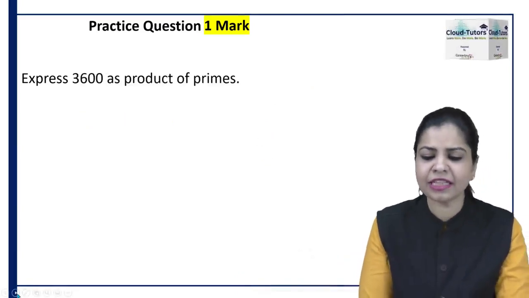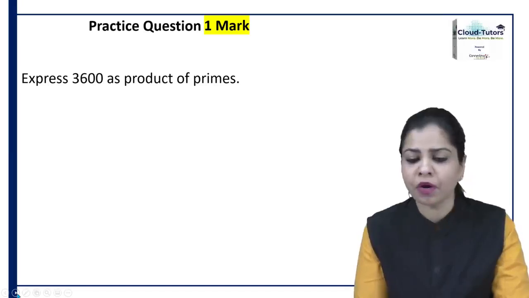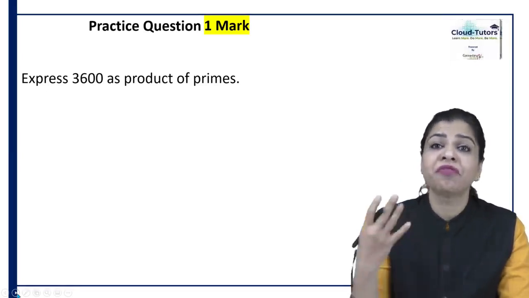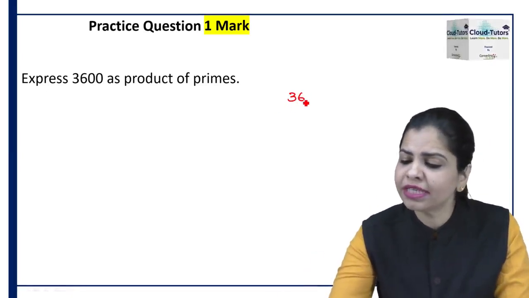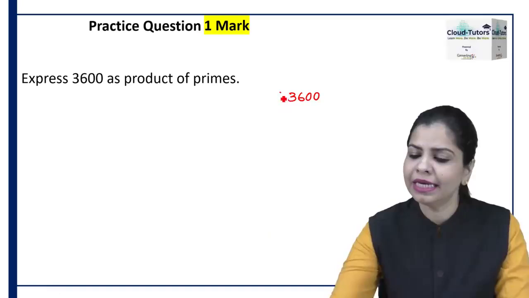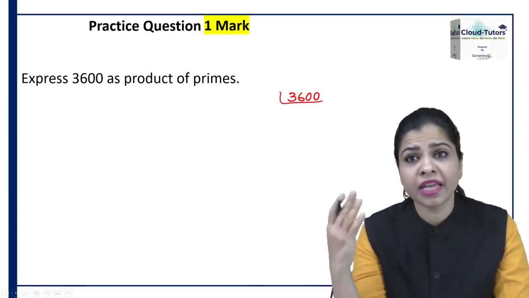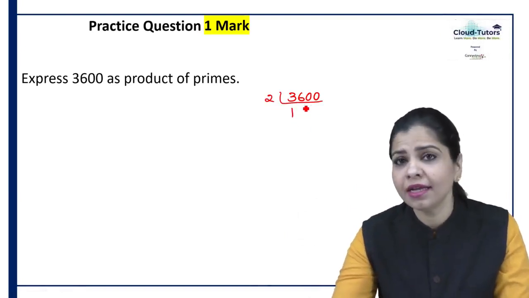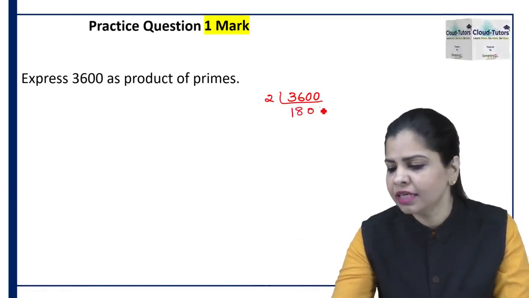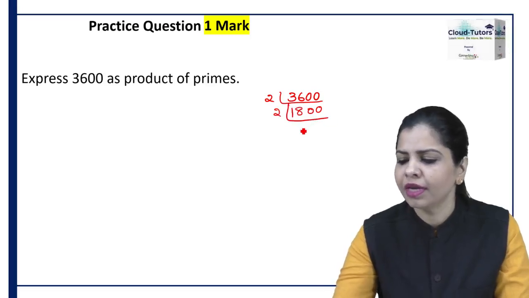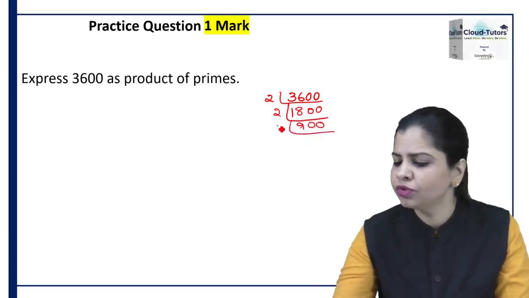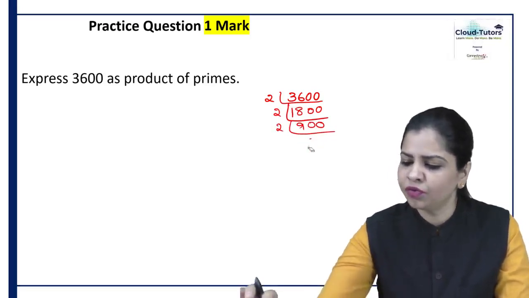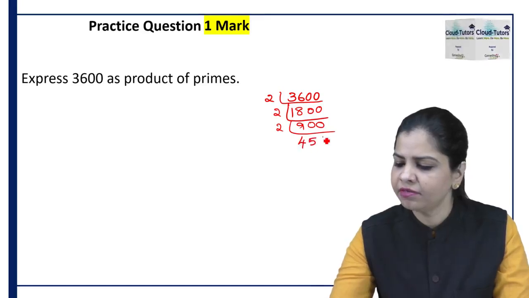Okay, express 3600 as a product of primes. So basically what I have to find are the factors of that. So how do I do that? 3600 is the number given to me. Let's start. Since it's an even number, starting with the simplest prime, that is 2. 2 1s are 2, then 1800, again 2, 900, again 2, 450.